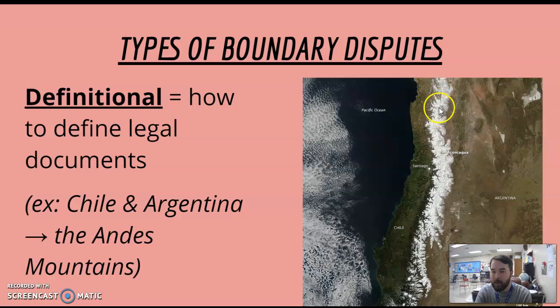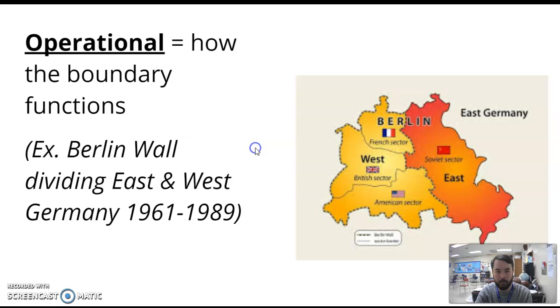The Andes Mountains work as kind of a buffer between them. And in their legal documentation about their borders, it talks about how the mountains are a buffer between them. But there has been conflict or disagreement about exactly where that line is, that invisible border, because it's hard to know exactly when you're talking about on top of a giant mountain range. So that's a definitional dispute.